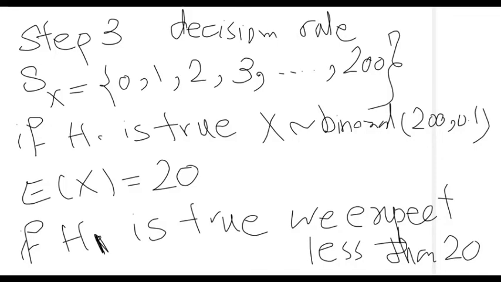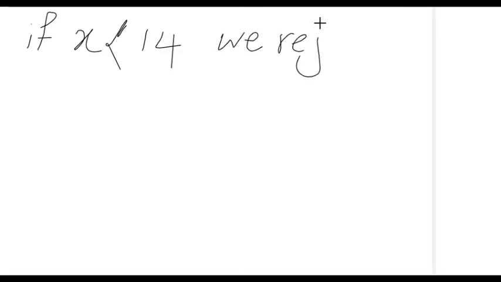So we can write our decision rule as this. For example, if X is less than 40, we reject H0.